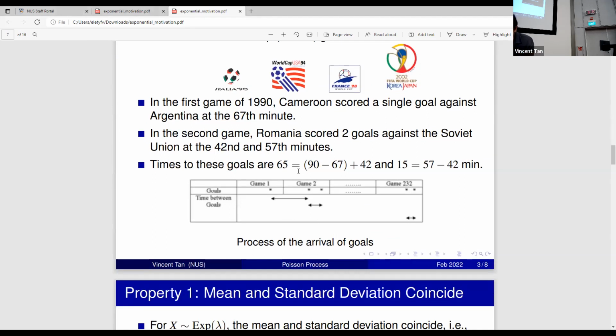This is the first game between Cameroon and Argentina, 90 minutes, and there was a goal here at the 67th minute. Then I wait for 65 minutes for the second goal, which happened in the second game at the 42nd minute. Then I only have to wait 15 minutes for the third goal. So that's the process of the arrival of the goals.